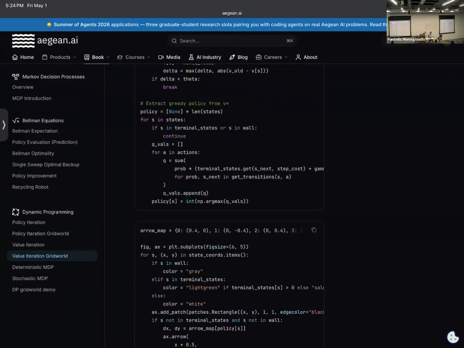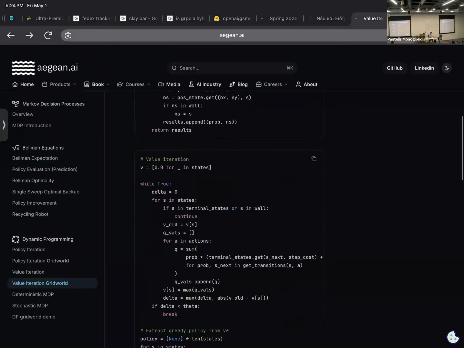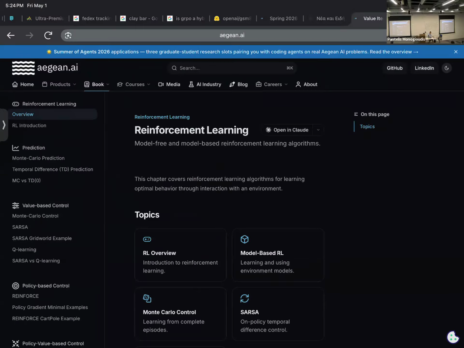Anyway, I want to go now to reinforcement learning. After these notebooks, this is plenty for MDPs. There are some others with much smaller examples on the grid world that you can look at. And I want to start.